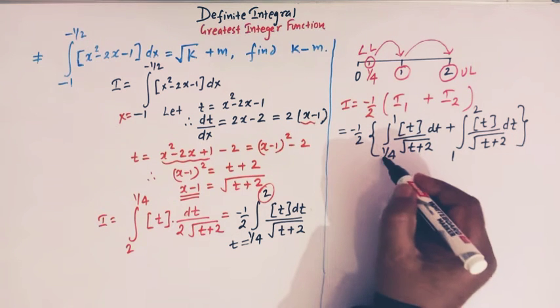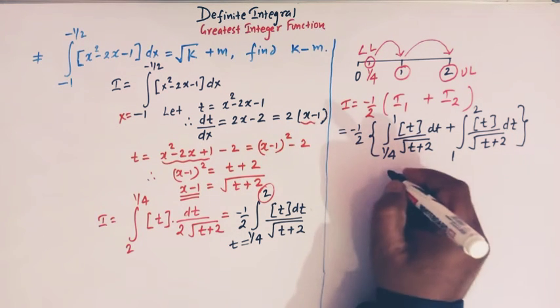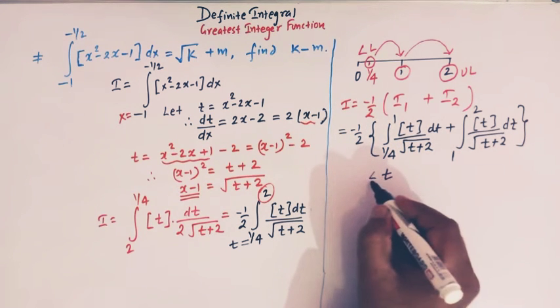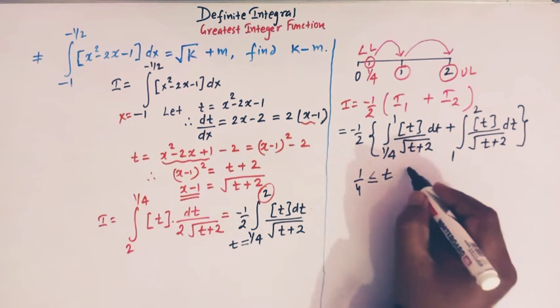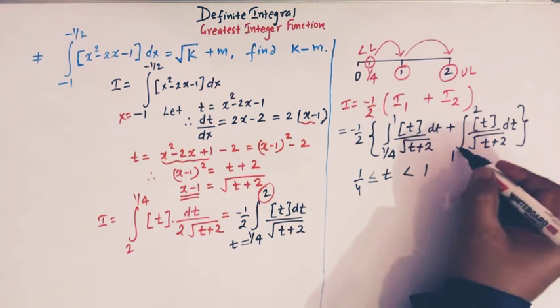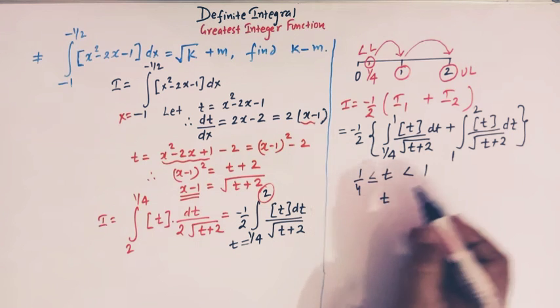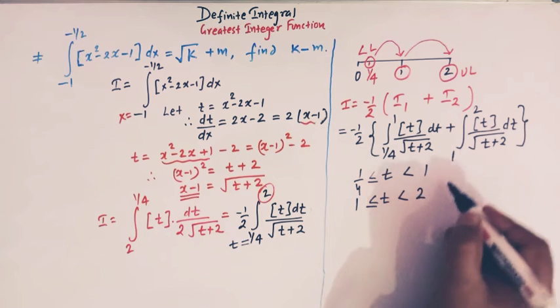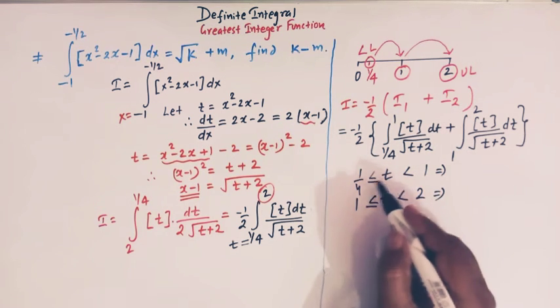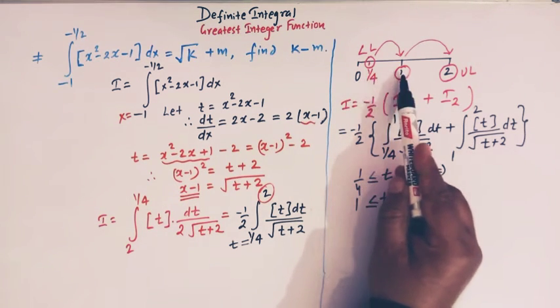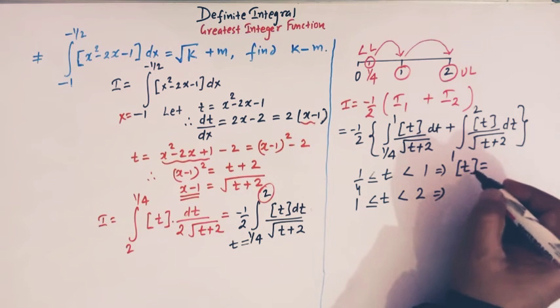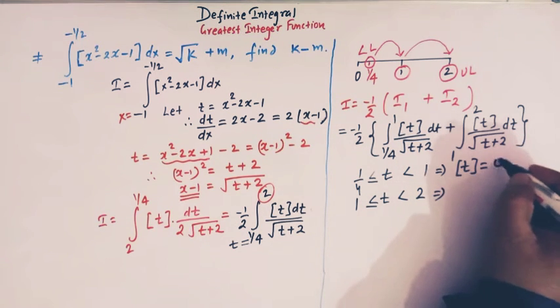Now here we see that in the first integral, the value of t varies from 1/4 to 1, and in the second integral, the value of t varies from 1 to 2, right? So when t lies between 1/4 and 1, then obviously by the definition of the greatest integer function, the value of greatest integer t is equal to 0.